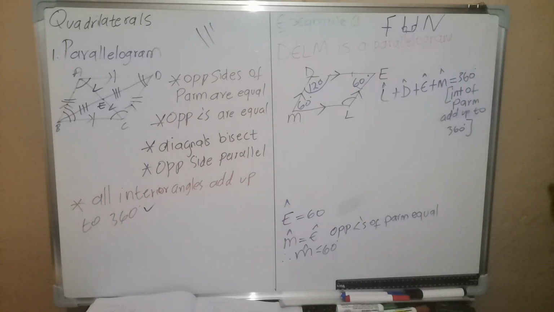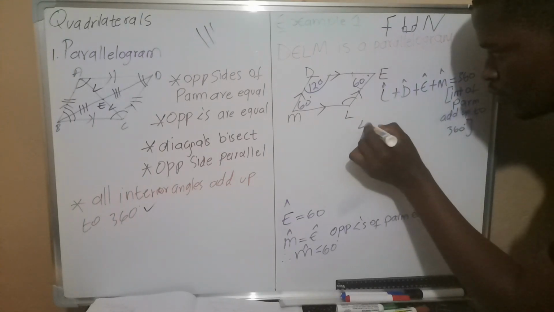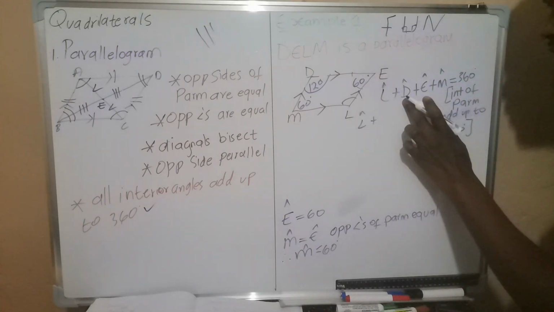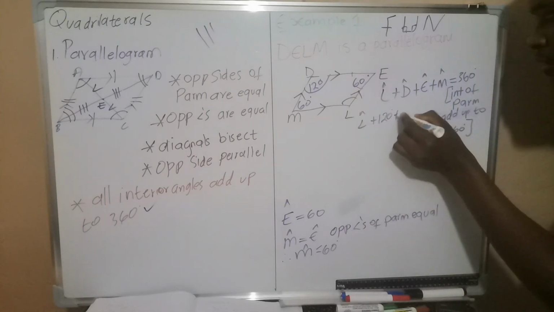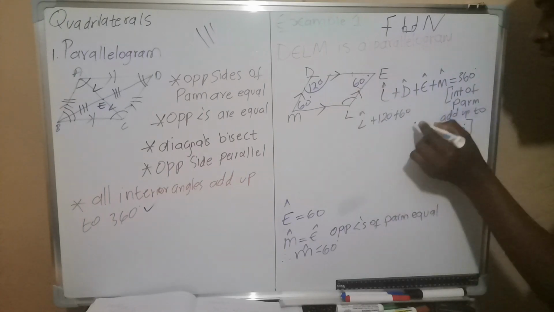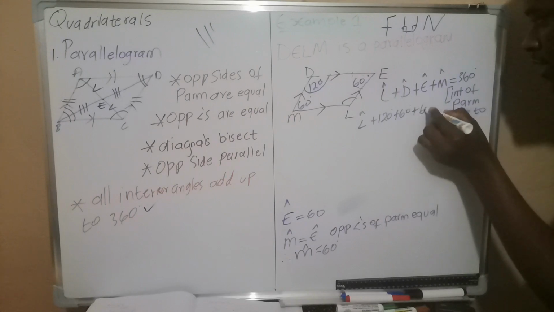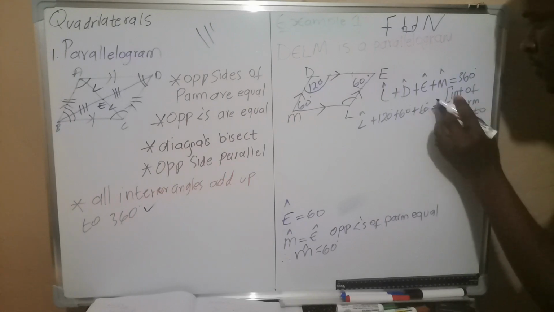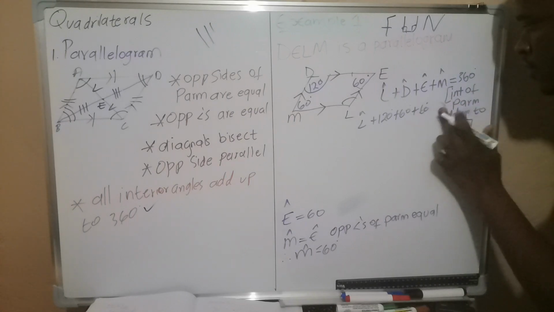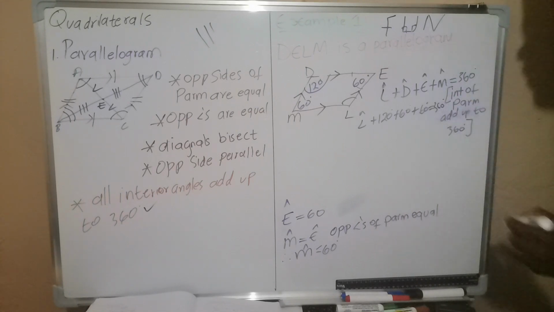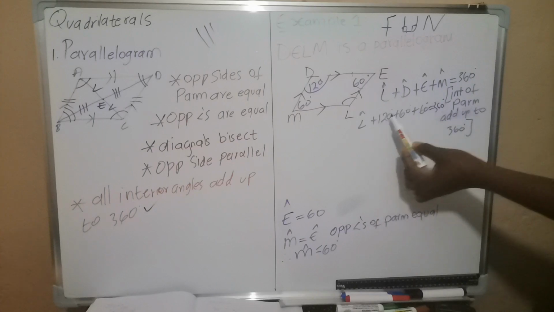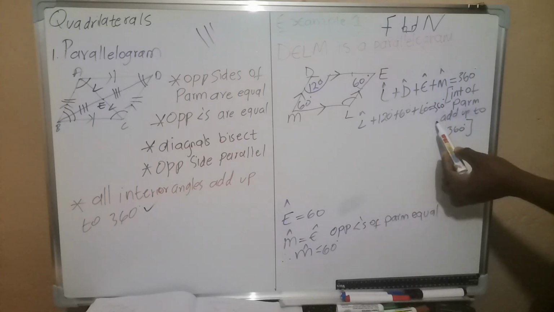This is what you're going to use. The value of angle L is unknown. The value of angle D is 120. The value of angle E is 60. The value of angle M is 60, equal to 360. Then you add the two: 120 plus 60 is 180, plus 60 is 240.